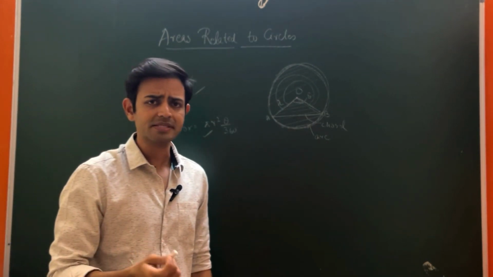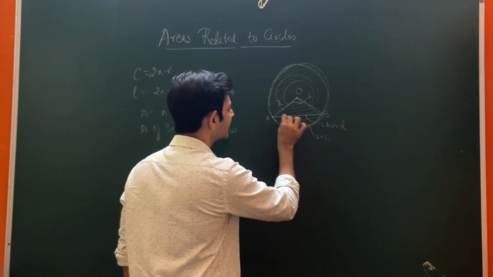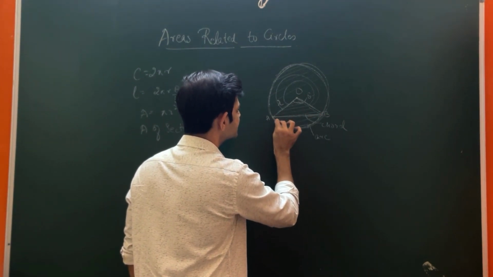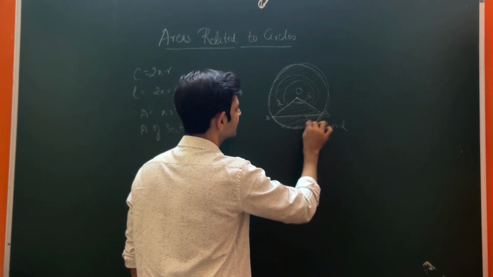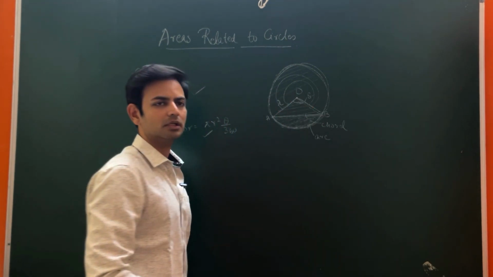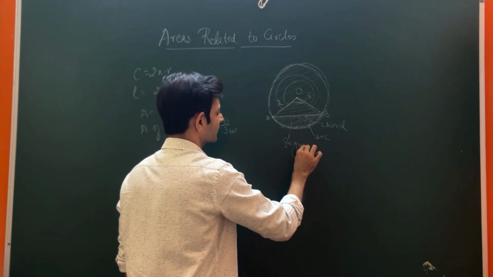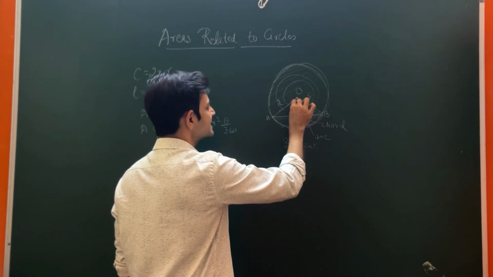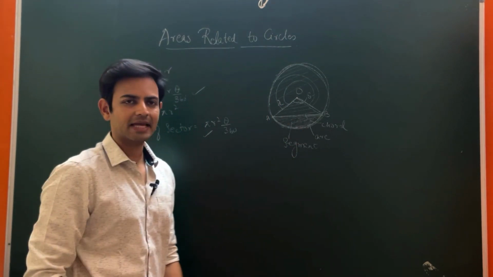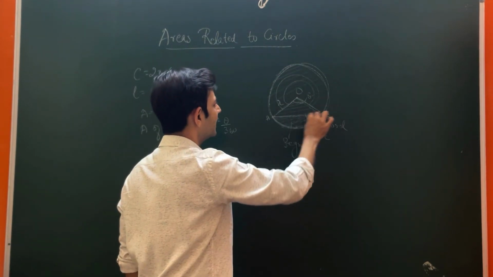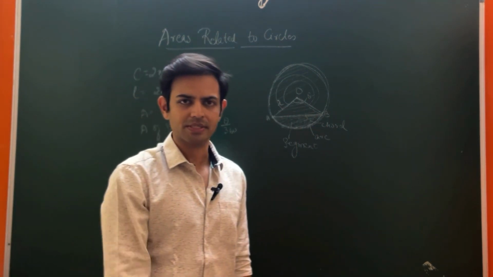Now there is one more concept called the segment of a circle. If you see this part AB, if I just shade it here, this part of the circle is the segment of the circle. Again, it is less than 180 here, so this is the minor segment, and the rest of the circle is the major segment.